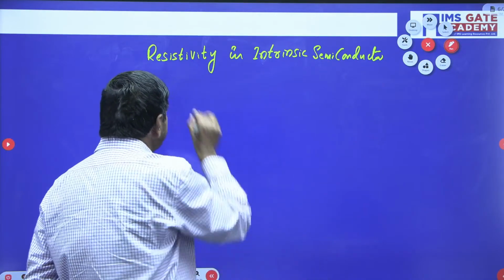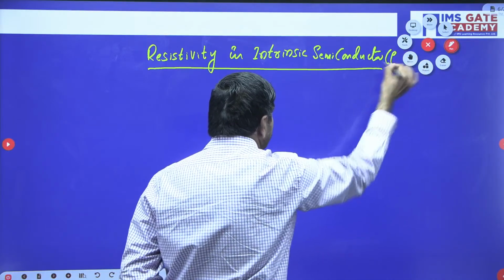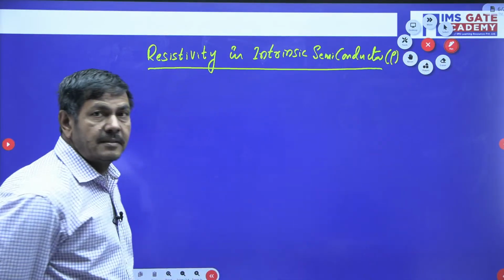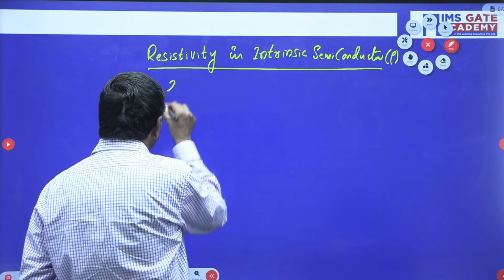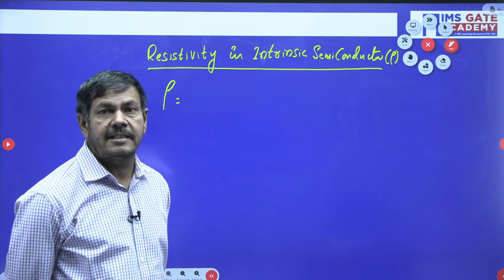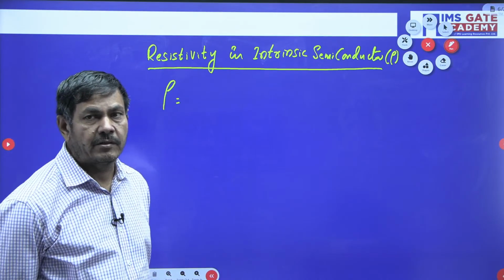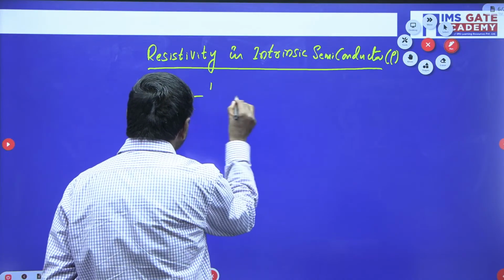But the resistivity in an intrinsic semiconductor is denoted by the symbol rho. Rho is the reciprocal of conductivity, so rho equals 1 by sigma.